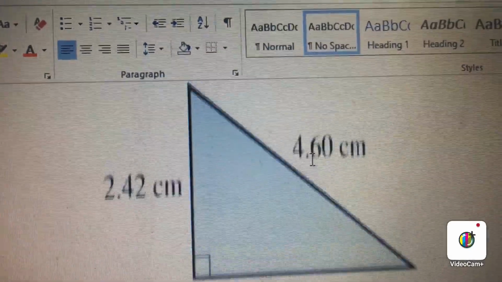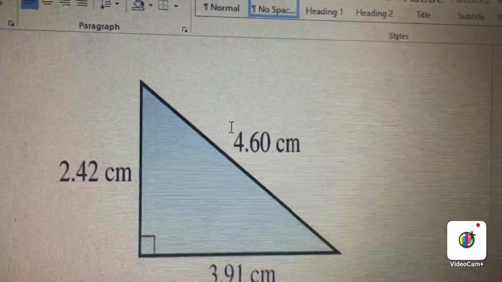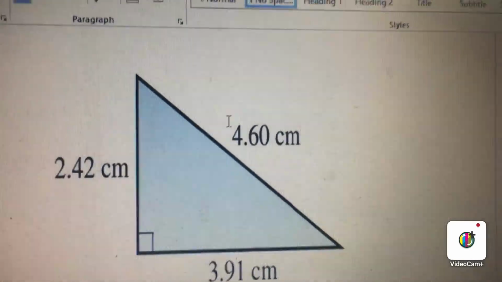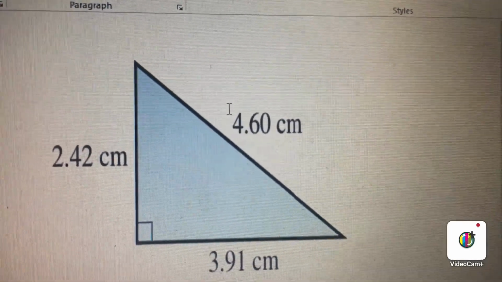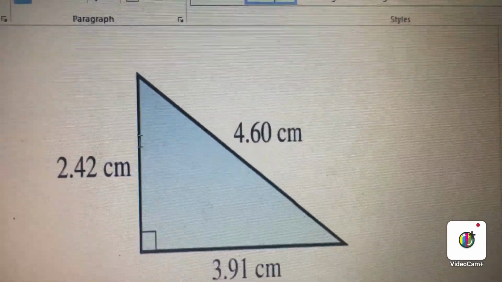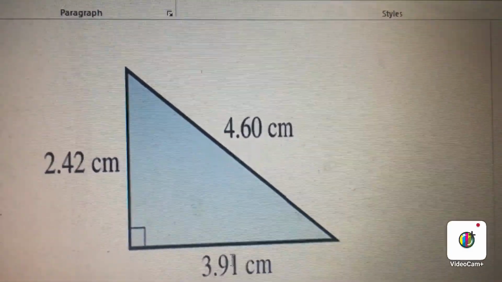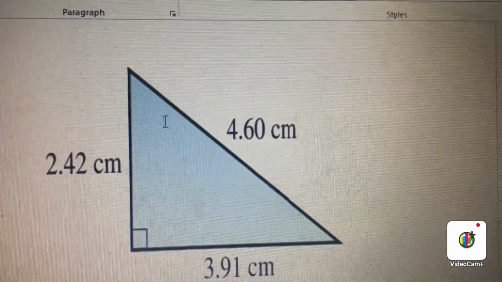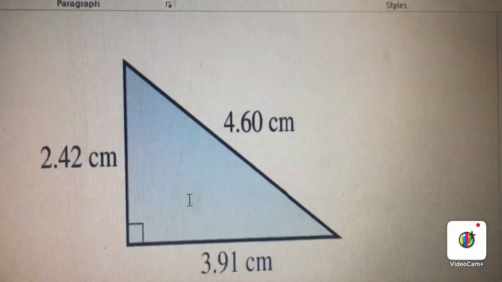Okay, now let us apply this to this triangle. Find the perimeter of this triangle. So this side can be A, this side can be B, this can be C, it doesn't matter. Those letters represent the sides.